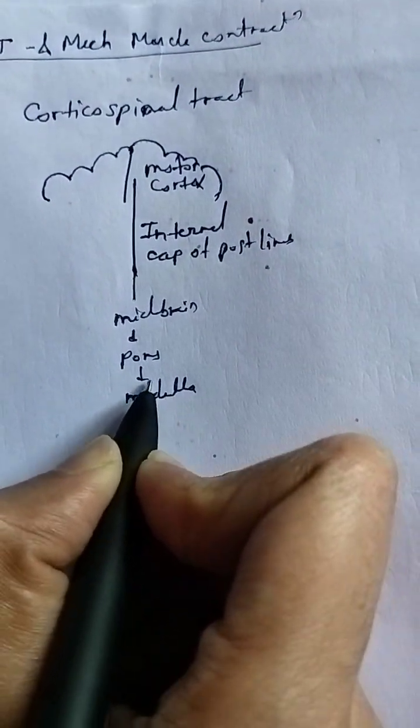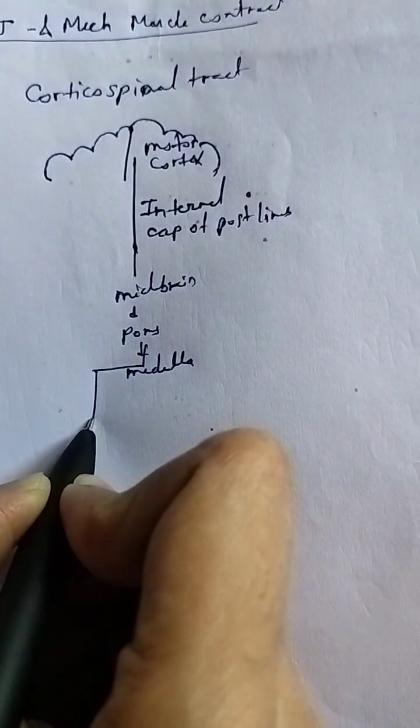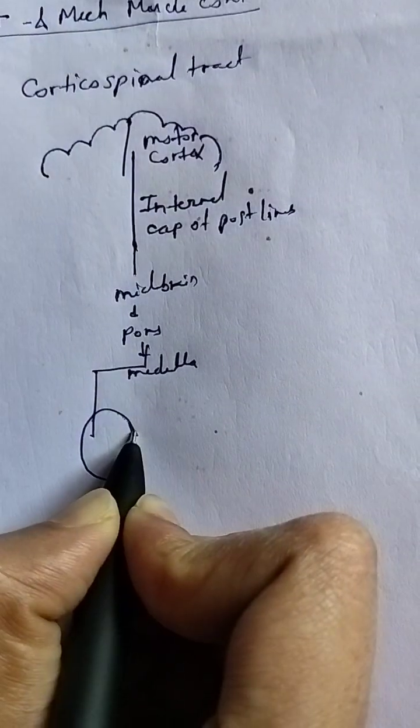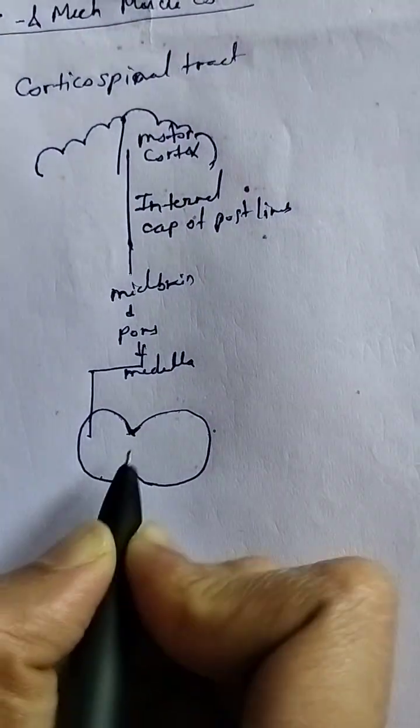It crosses in the medulla to the opposite side and goes to the spinal cord.